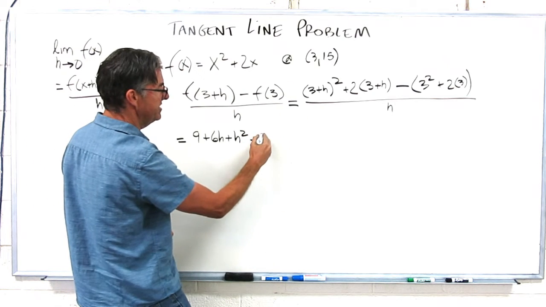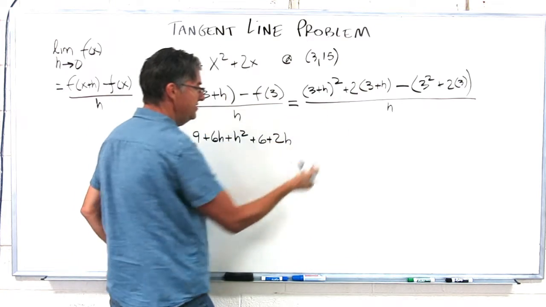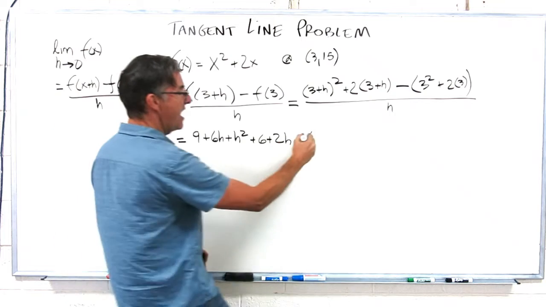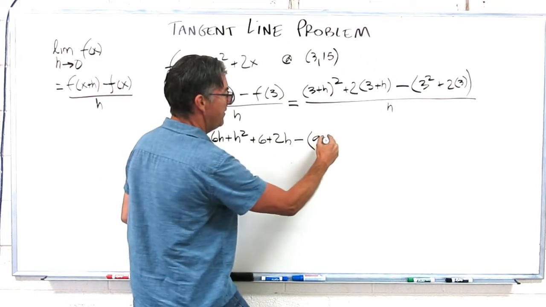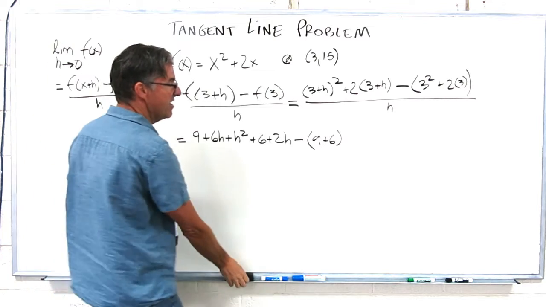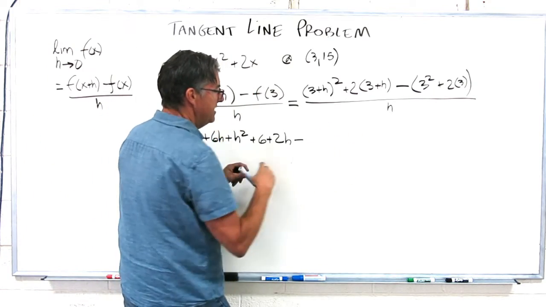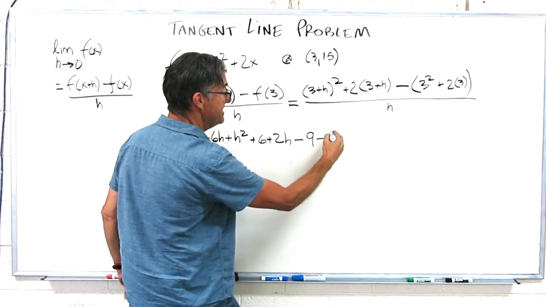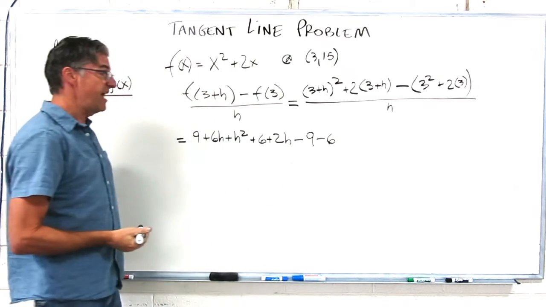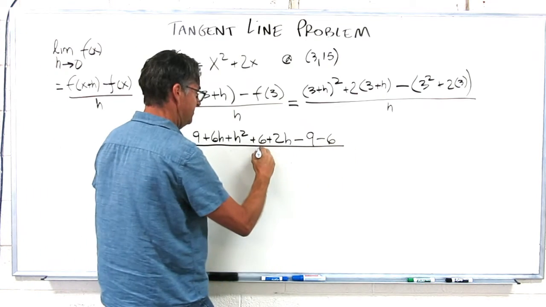That's 2 times 3 is 6 plus 2h, that's 2 times h. Now minus, I'm going to bring in my parens. It's going to be 9, that's the 3 squared, plus 6. Actually, you know what? I'm just going to take care of this. Let's take off the parentheses. It's just going to be 9 minus 6 because that negative also applies to that. Now this is all over h.